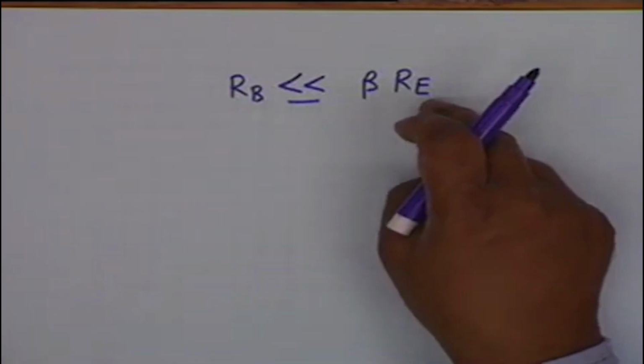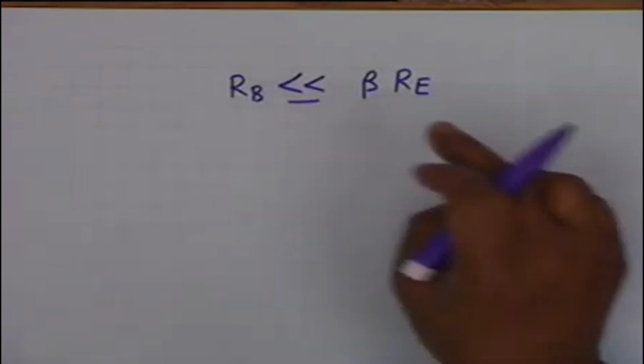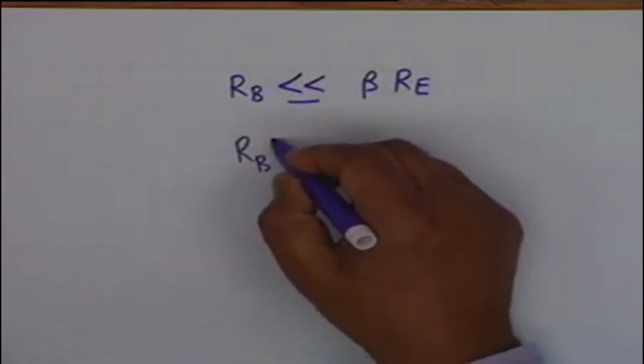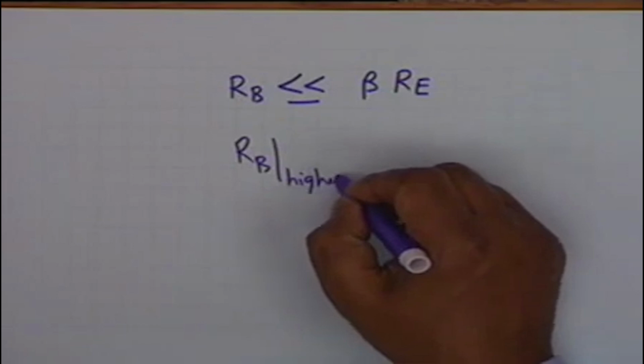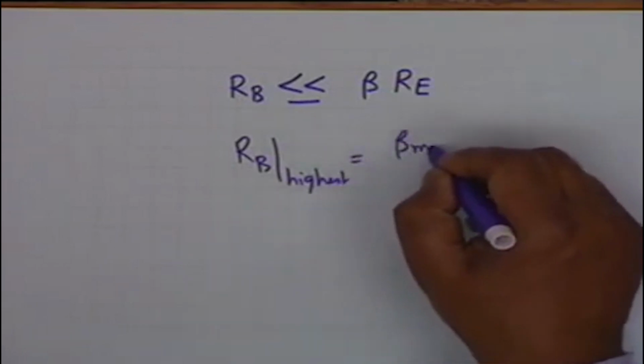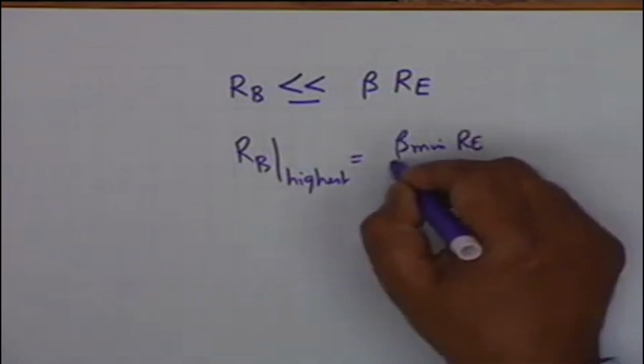Highest value. The highest value of Rb that you can take is Rb highest equal to beta min Re divided by 10.